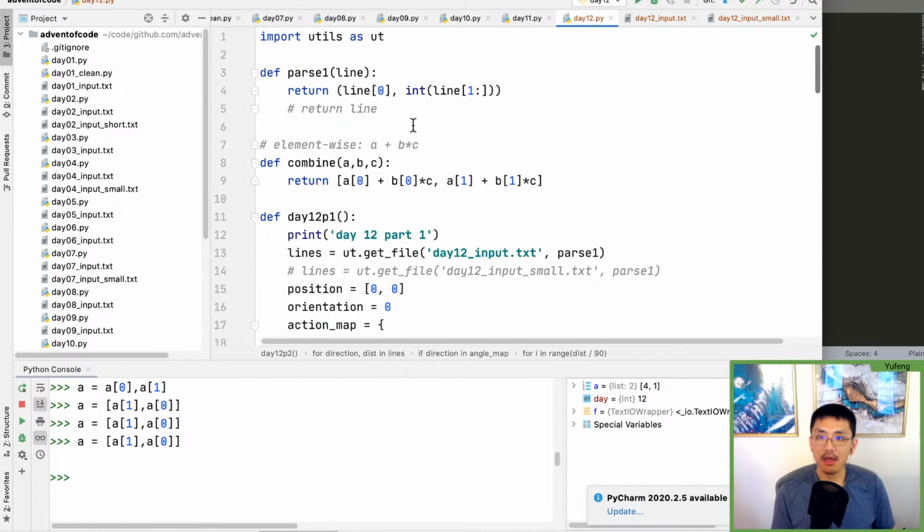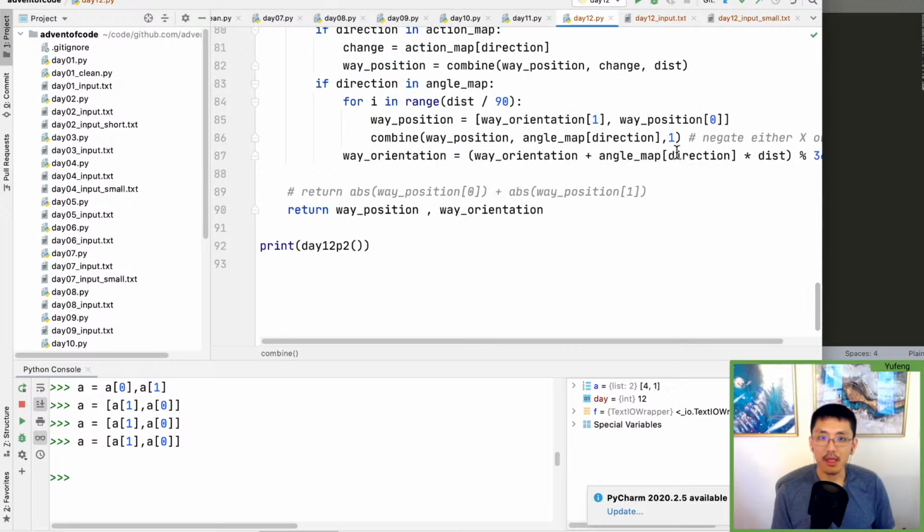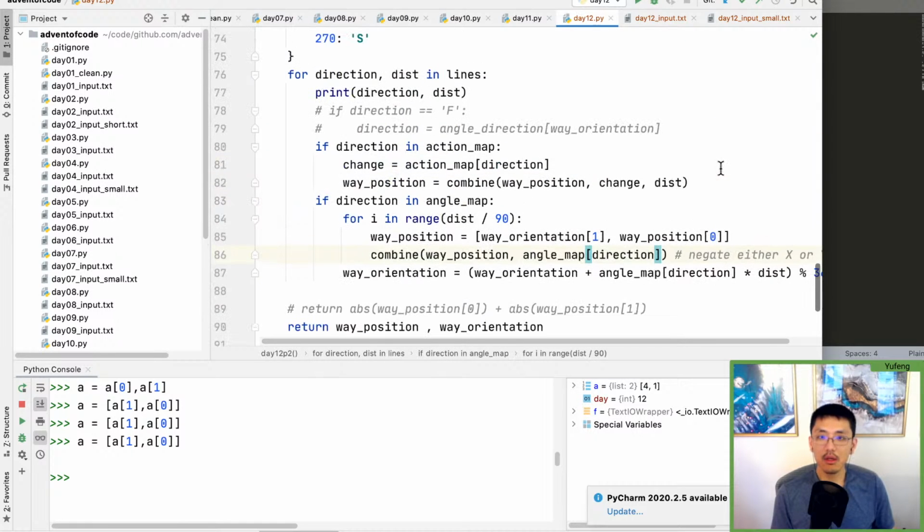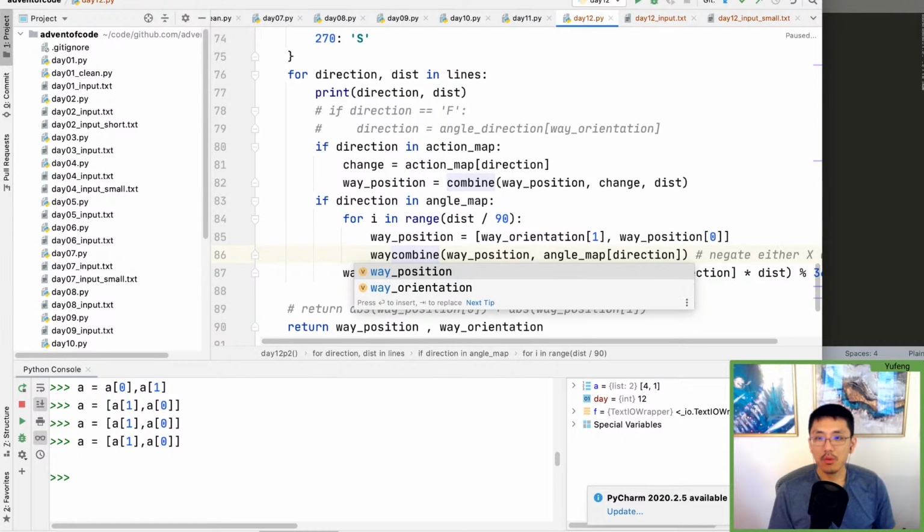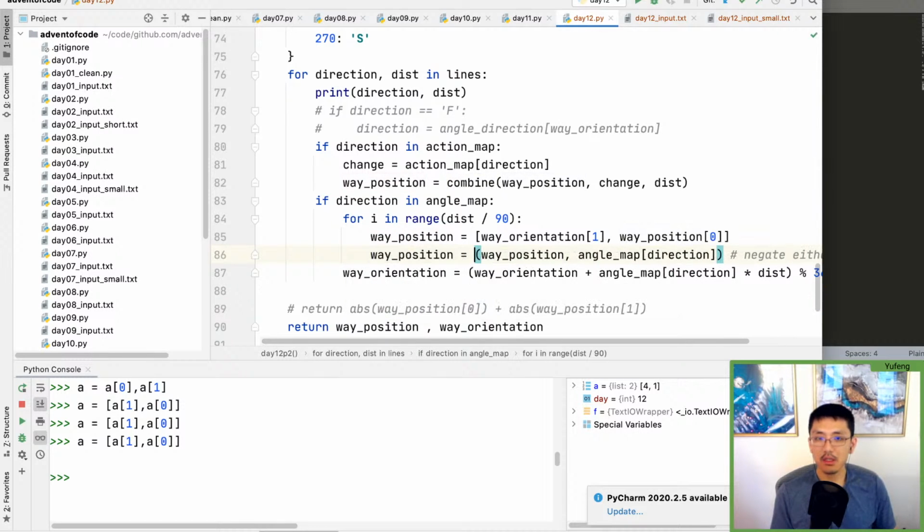And maybe we can just have combine take a default 1. There we go. Now I don't have to type that in, make it confusing. And this returns a new way position.